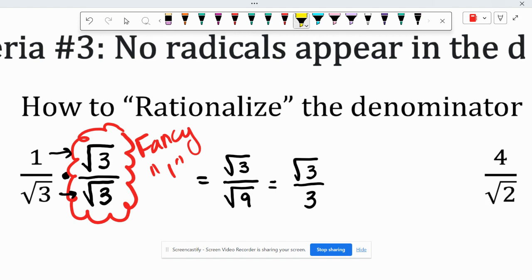So hopefully you see that when you multiply a radical by itself, the square root symbol disappears. When you take a square root and multiply it by itself, that square root symbol disappears.